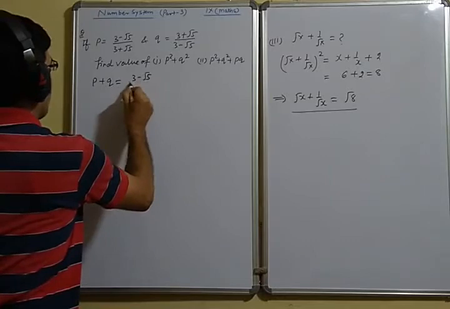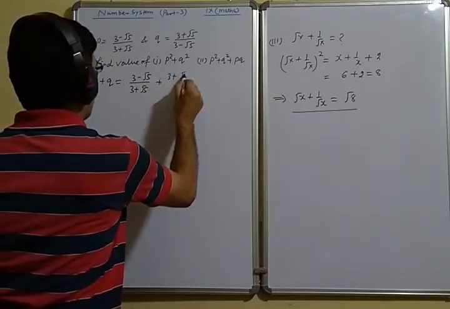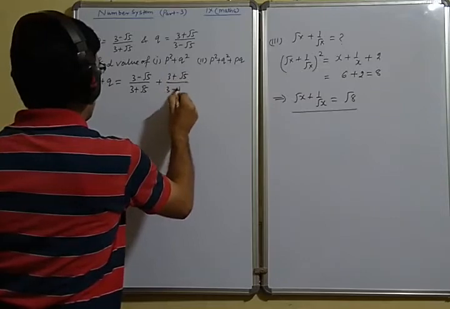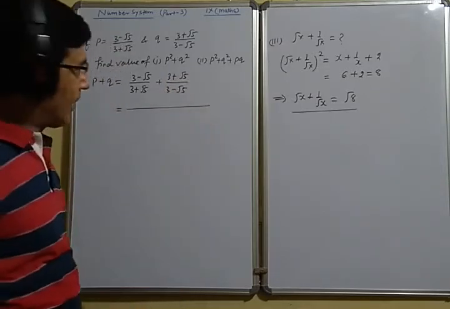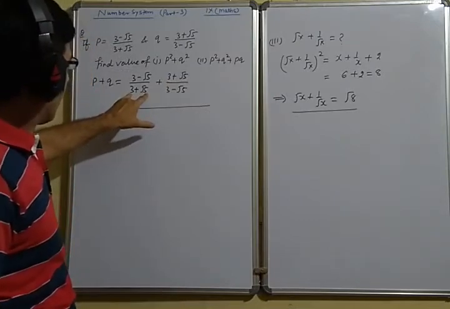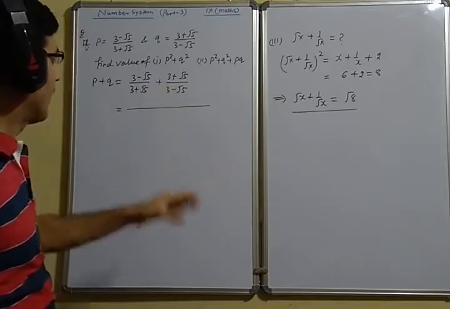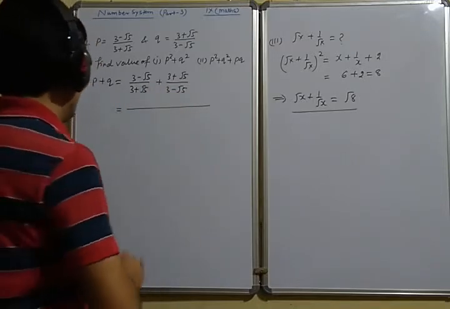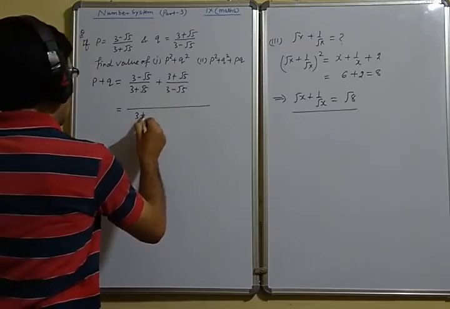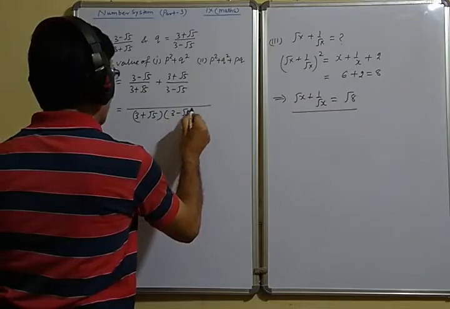3 minus root 5 divided by 3 plus root 5, plus 3 plus root 5 divided by 3 minus root 5. Now here the LCM is 3 plus root 5 and 3 minus root 5, and you can see that they are the rationalizing factors of each other. So in the denominator we will get 3 plus root 5 into 3 minus root 5.